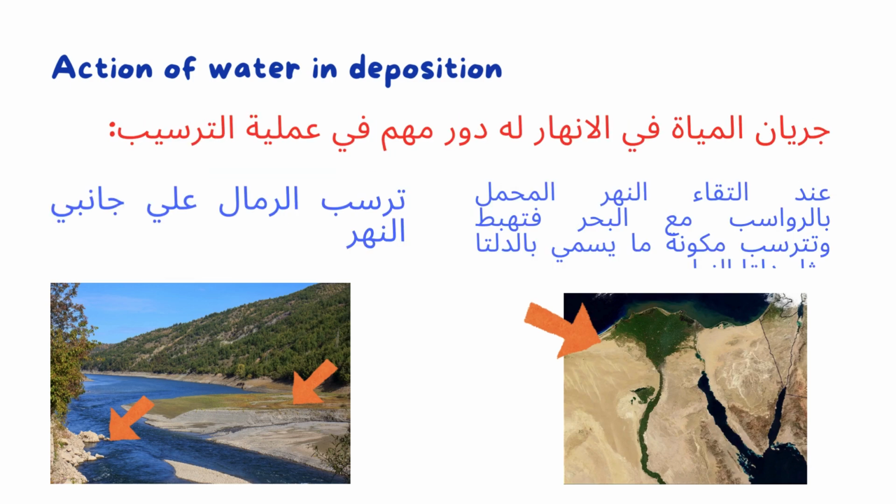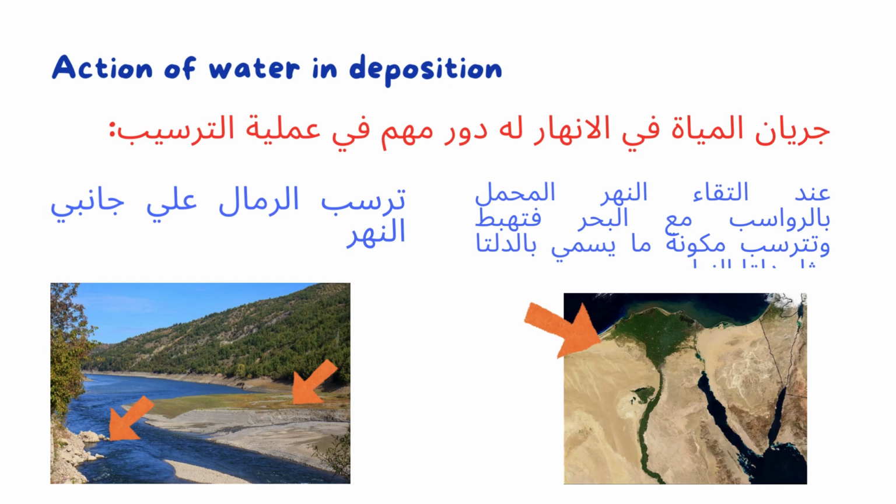So this is how the running water in rivers has an important role in deposition, as the river can deposit a sandbar along its side, some sediments along its banks or sides, as you see here in the first picture.